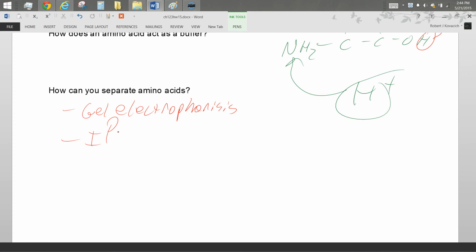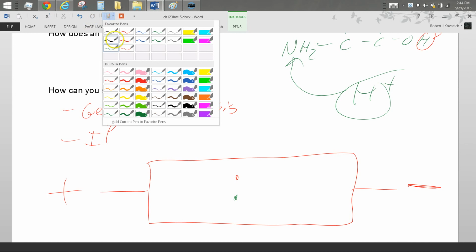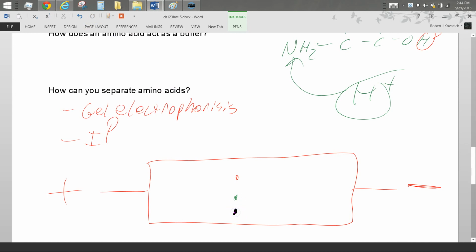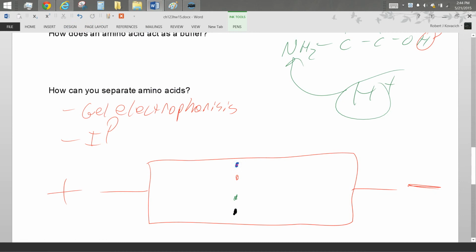So if I set the pH in the gel electrophoresis machine, let's say I have these 4 amino acids sitting inside this solution, and I set the isoelectric point, which is a pH.